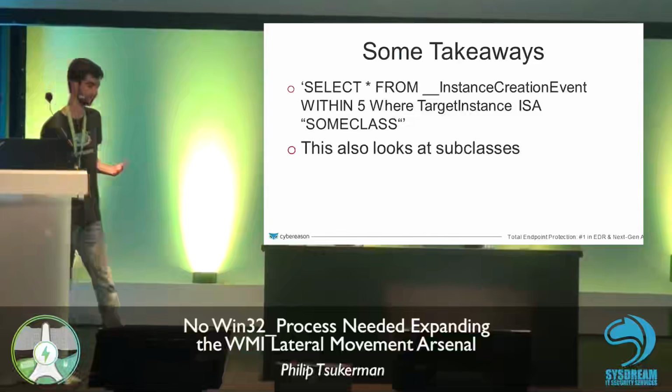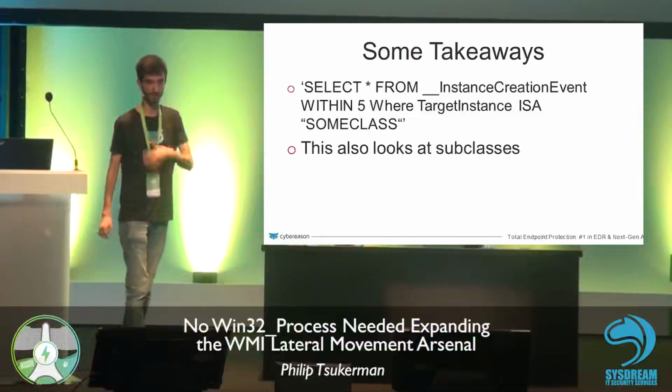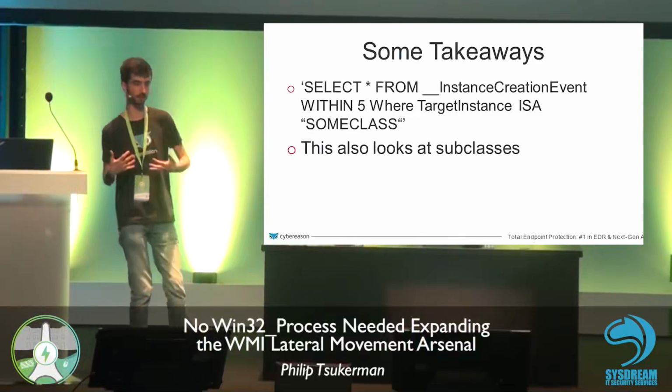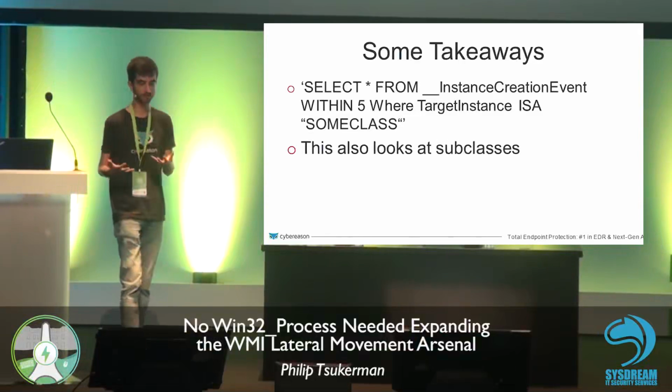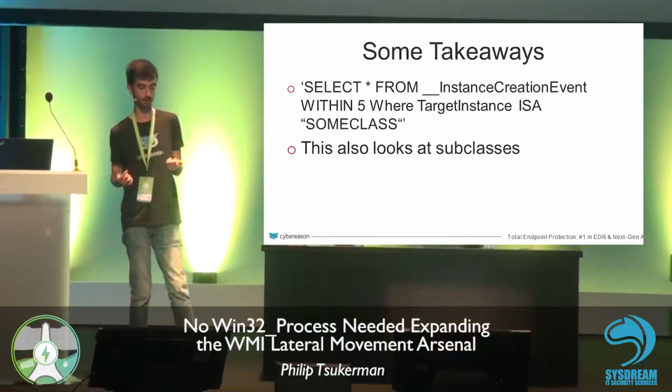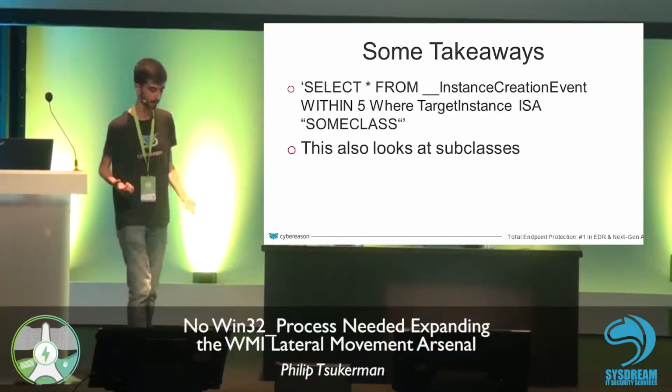Another way to detect this kind of attack is by using WMI introspection. WMI allows you to look inside the WMI model itself and provides you an eventing system that tells you whenever a method is called or a new instance of a class is created.